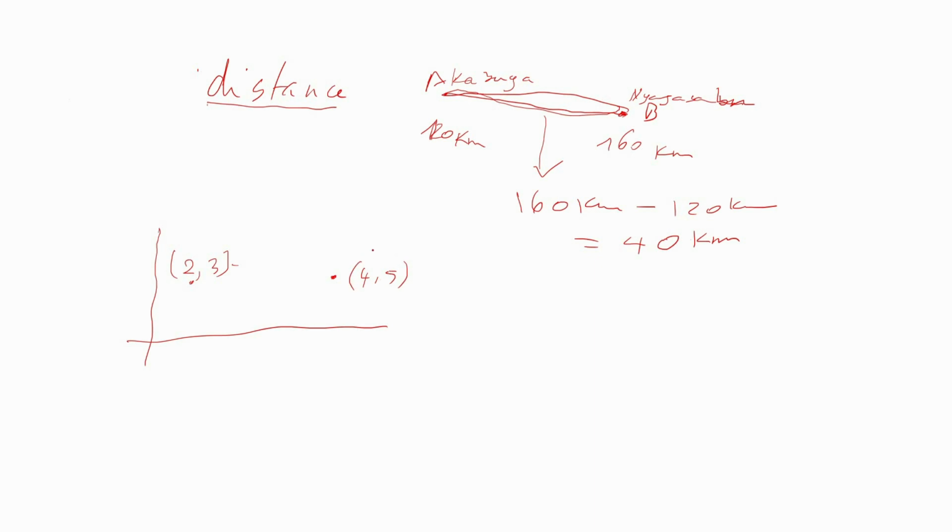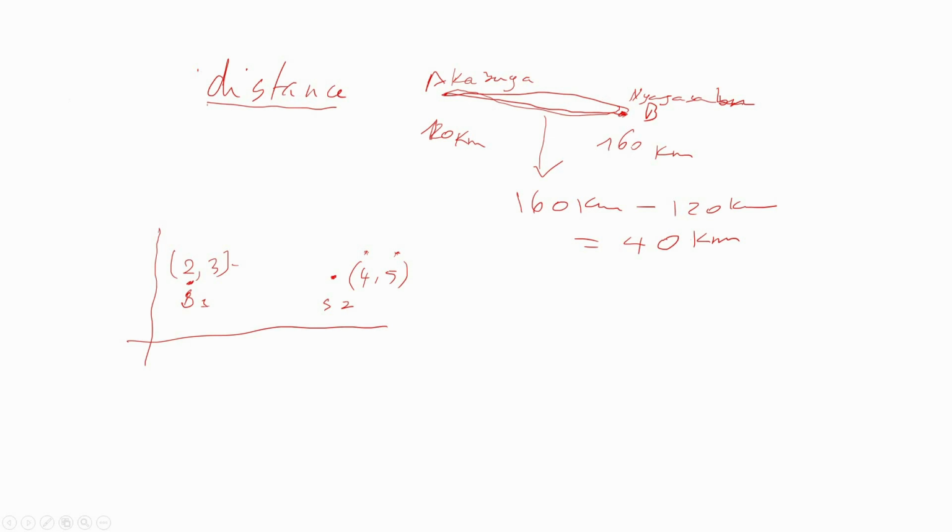Simply, you take 160 kilometers minus 120 kilometers. With our example, Kabuga and Nyagasambu are separated by a distance of 40 kilometers.